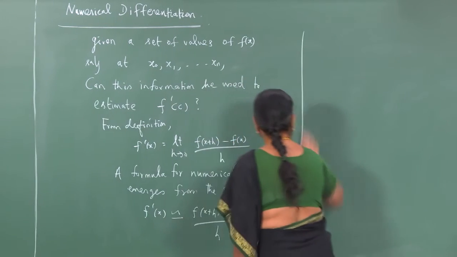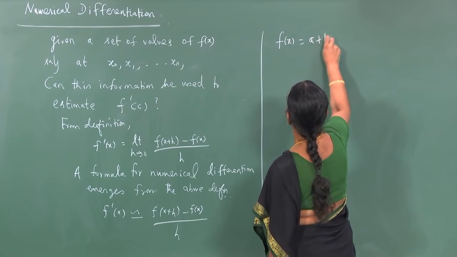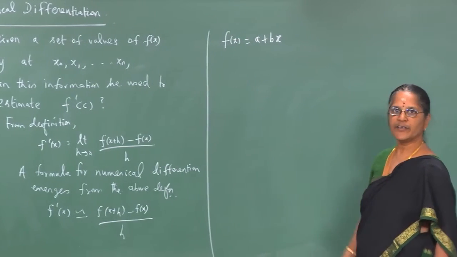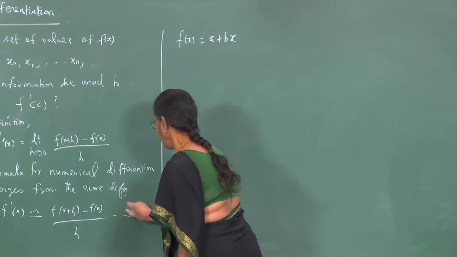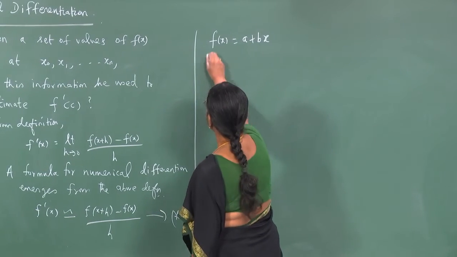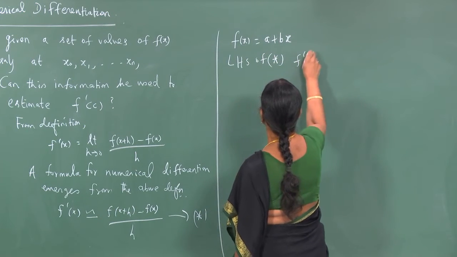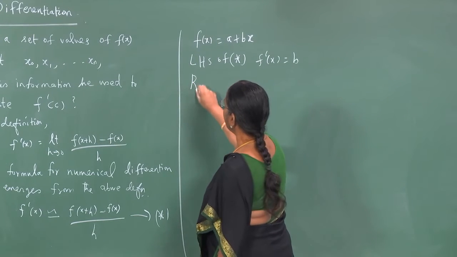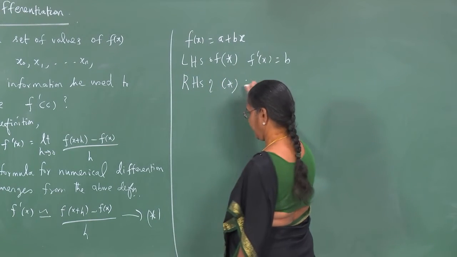Suppose, say, f of x is a linear function a plus bx, and let us see what this formula tells us. Suppose I call this as star, then left hand side of star is f dash of x, and that is b. I compute the right hand side of star for this function.